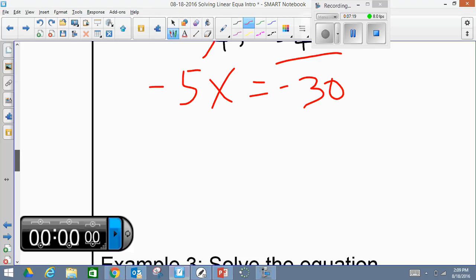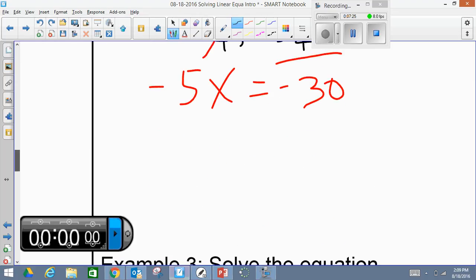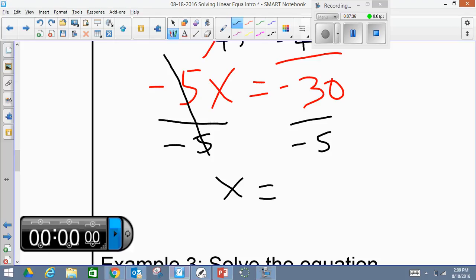Negative 5 is multiplying the x, so I need to divide. Because that negative 5 is multiplying, I divide by negative 5, and on the other side by negative 5. The negative 5's cancel out. x equals negative divided by negative is positive. 30 divided by 5 is 6. Okay?